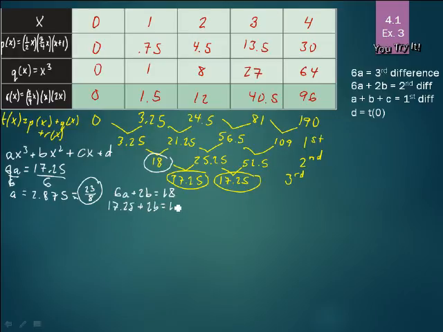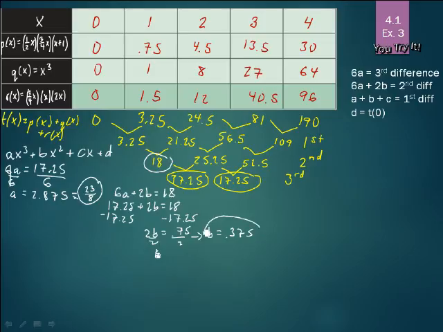Subtracting 17 and 25 hundredths on each side, we get 2b equals 75 hundredths. And if we divide by 2 on each side, then we get b equals 375 hundredths.